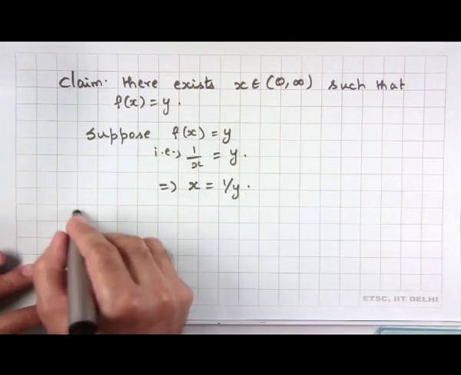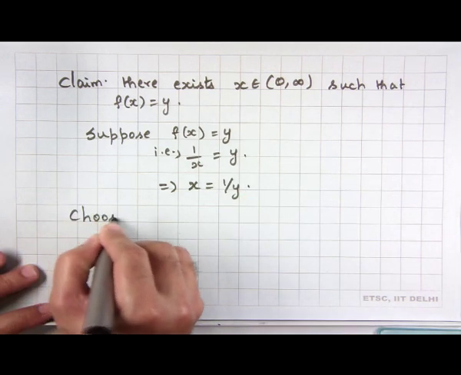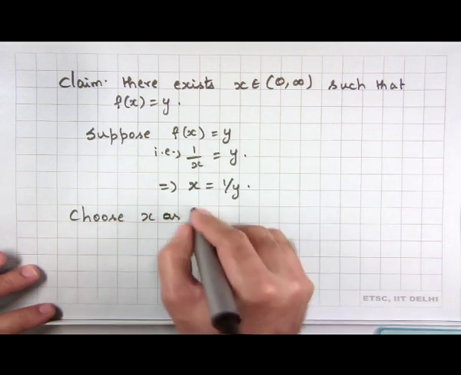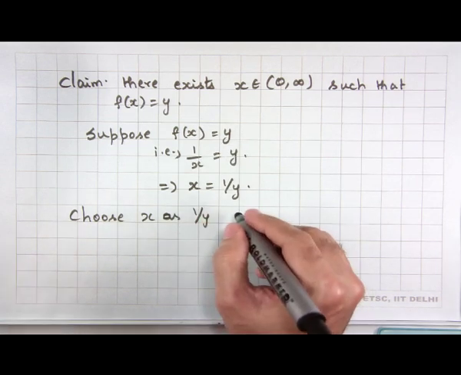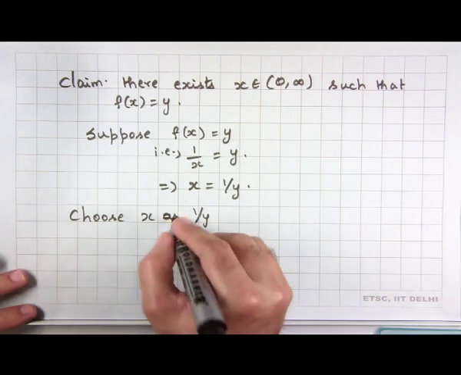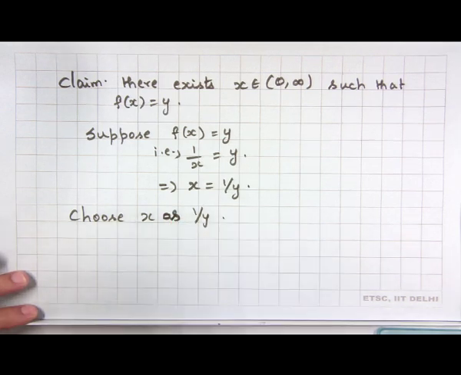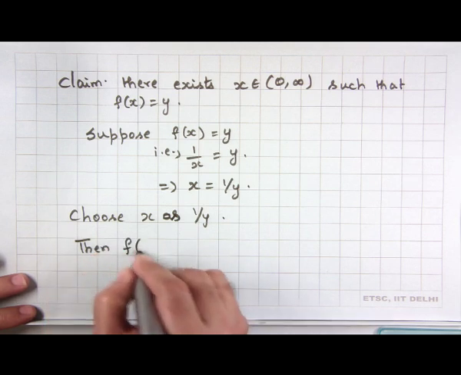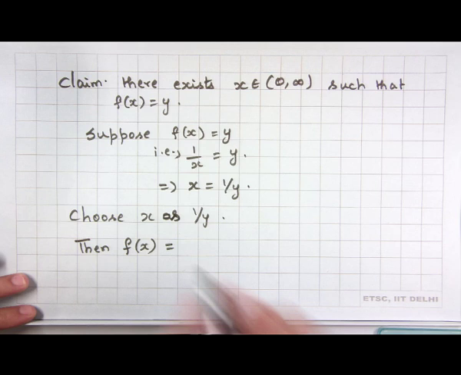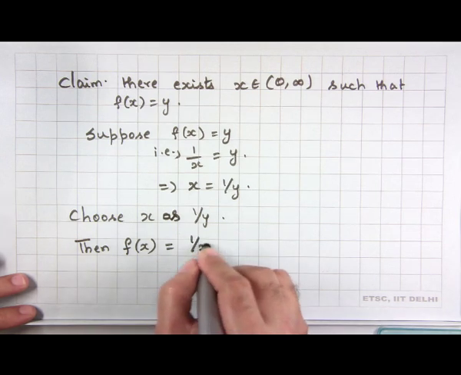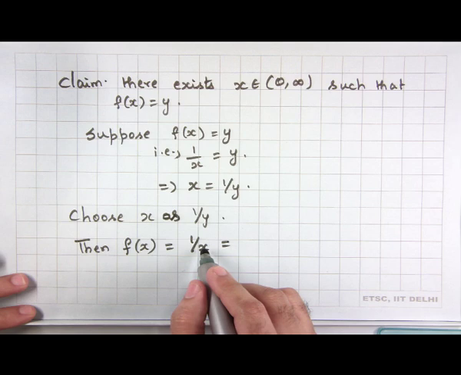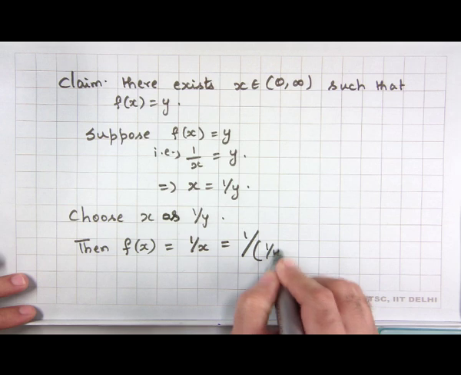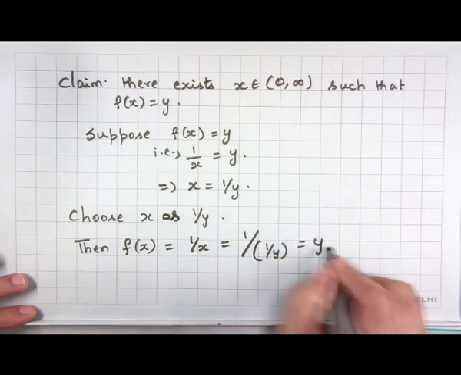So, choose x as 1 by y. Then f x which is 1 by x, but our choice of x is 1 by y, so this is 1 by 1 by y, which is y.